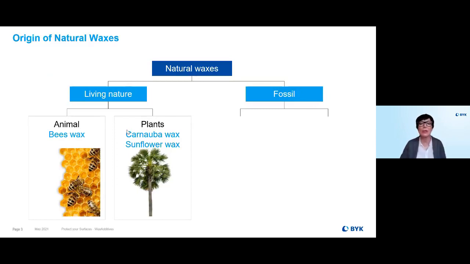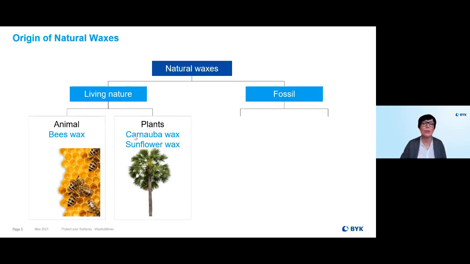You can't find it any other place in the world. And a product which becomes more and more attractive nowadays due to the interest in more natural sources is the sunflower wax, which you find in India and China pretty often. And this is now an industrial grade.